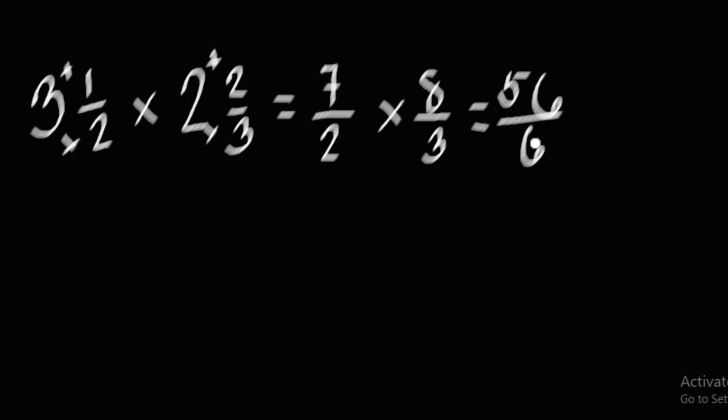Okay. You'll notice again that our answer is an improper fraction. So we need it to be changed into a mixed number. To do that, we use again long division. So 56 divided by 6.